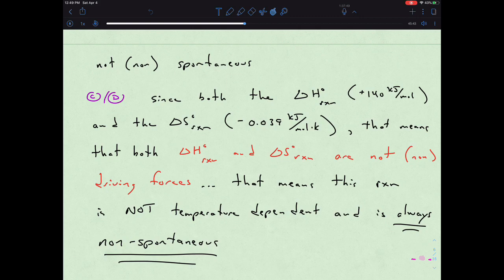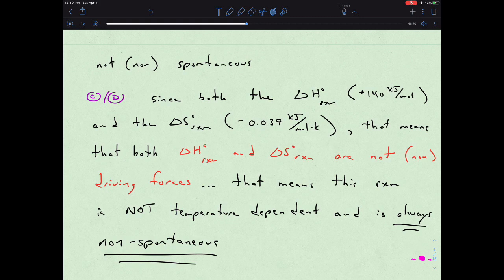So that's an example of looking at the Gibbs free energy equation to relate a reaction in terms totally of the system, so that we can predict whether it's spontaneous or not. And so in this case, our delta G turned out to be a positive value, a positive 152 kilojoules per mole. Just because it's positive just says that it's not spontaneous.